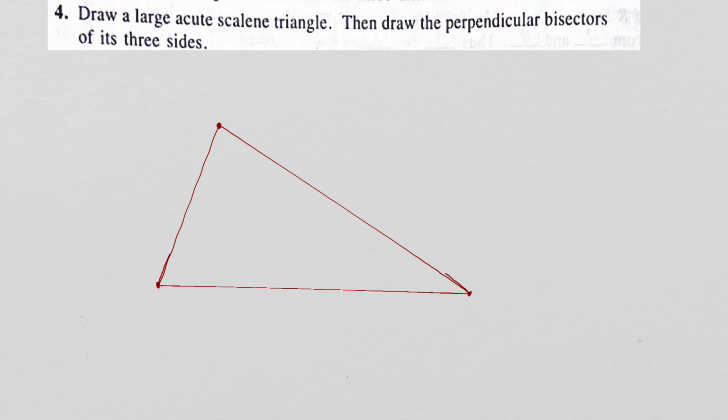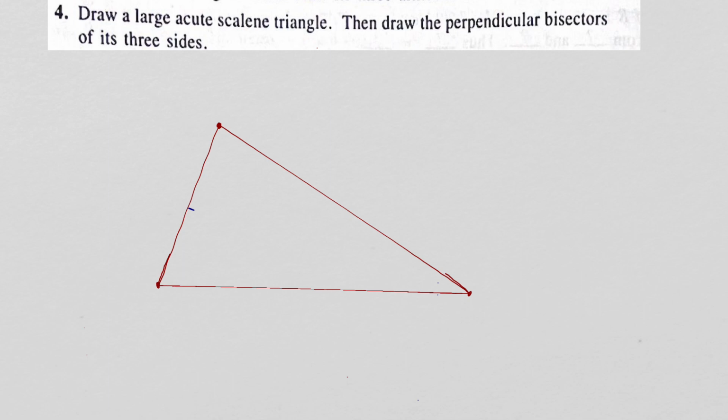Now, a perpendicular bisector is a line that bisects this at a perpendicular. So in other words, we've got to go right exactly in the center, and we're going to draw a perpendicular to that. So I think, again, the easiest way to do this is to get a piece of paper and use the edge of my paper to make a right angle.